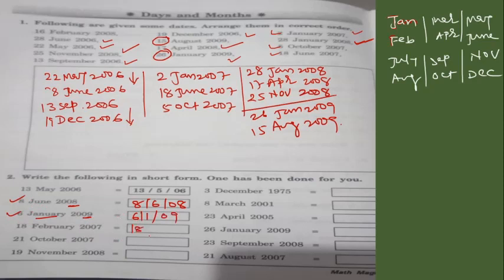Instead of writing 02 only write here 2 and 2007. December 1975.